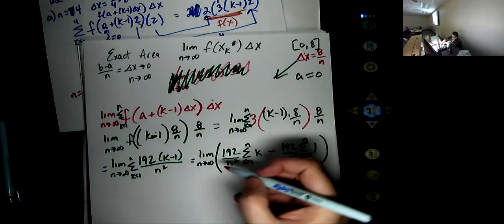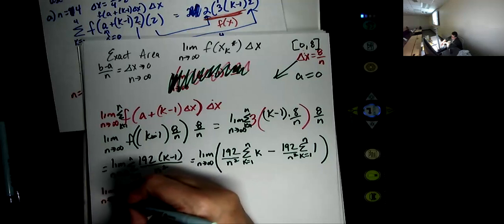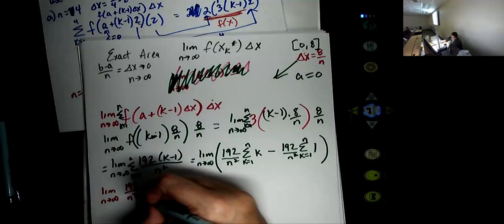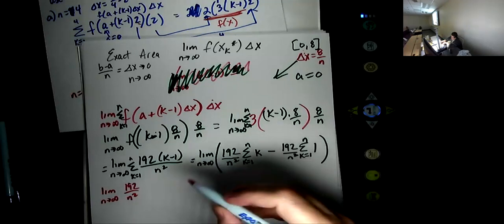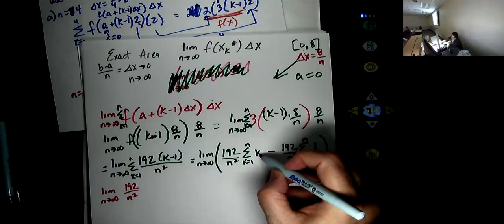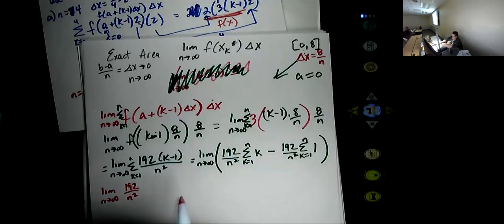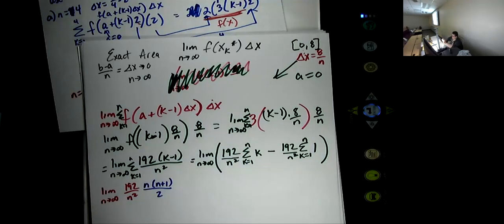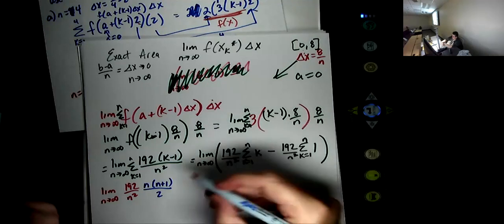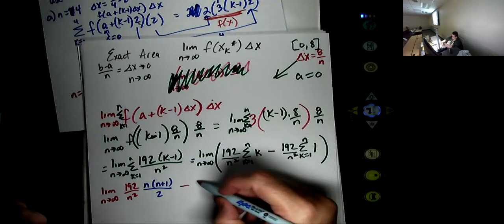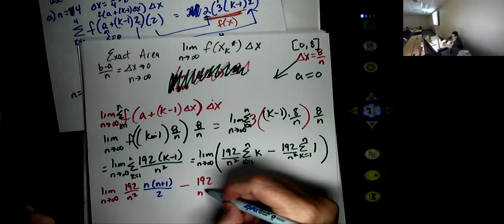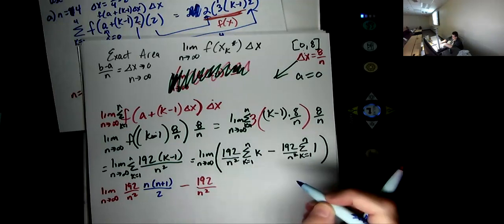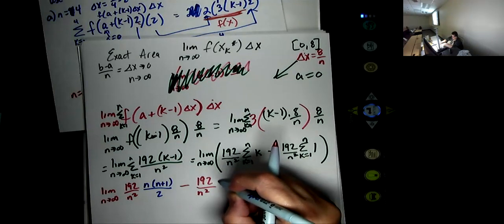All right, so we still got our limit here. We've got 192 over n squared. The summation from k equals 1 to n of k was n times n plus 1 over 2. And then we have minus 192 over n squared. The sum of k equals 1 to n of 1 is just 1 times n, or n.